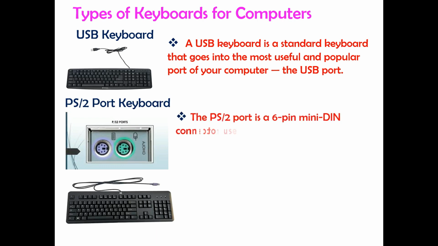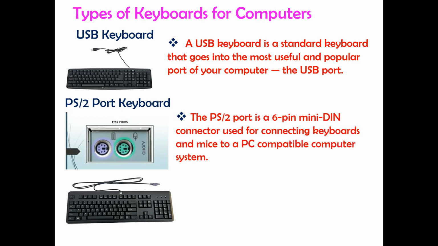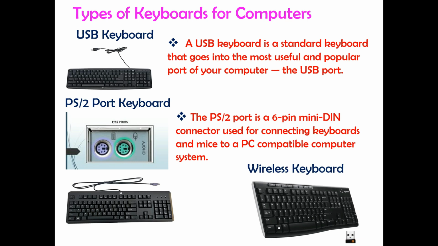The PS2 port keyboard is a 6-pin mini DIN connector used for connecting keyboards and mice to the PC compatible computer system. And the next one is a wireless keyboard. Nowadays most people are using wireless keyboards and wireless mice. So many wireless things are being used.